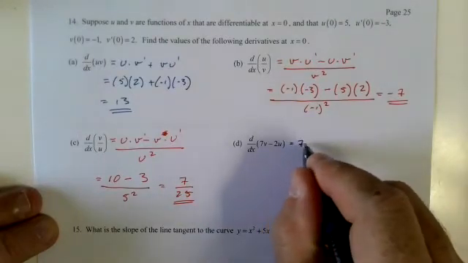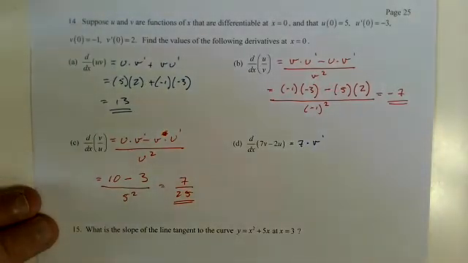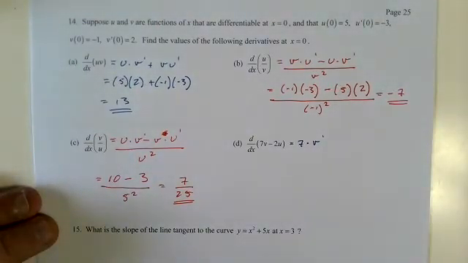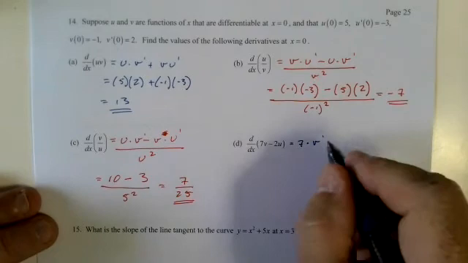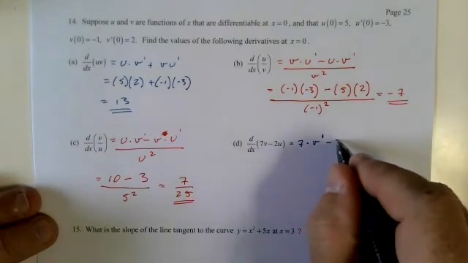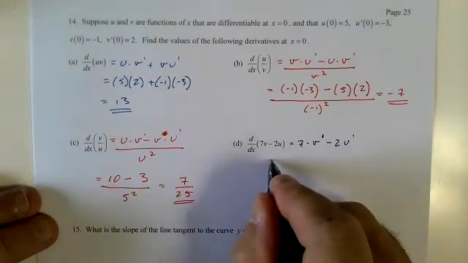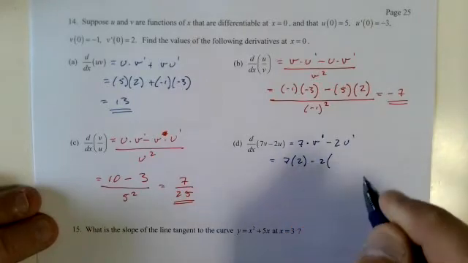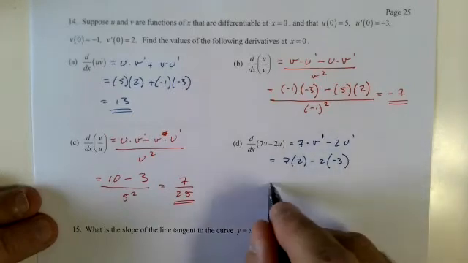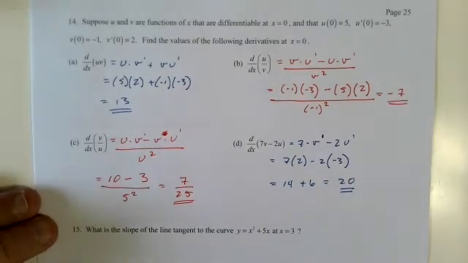d dx is 7 v prime. I feel like I have to explain that to people because that's just going to freak them out. And they're like, it's a variable. Why doesn't it just vanish, v to the first power? And yeah, I'll show you that more when we get to implicit, which is very, very soon. 7 times 2 minus 2 times 3, 20.